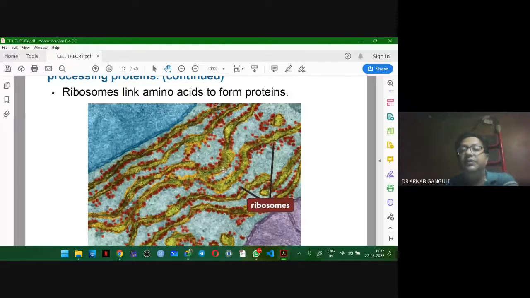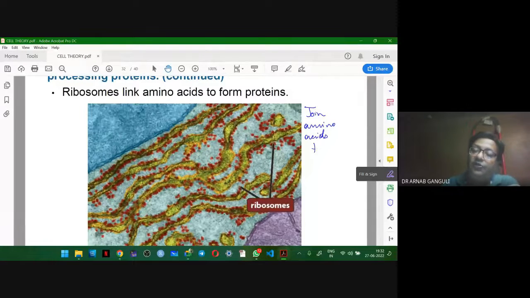Ribosomes join the amino acids to form proteins.